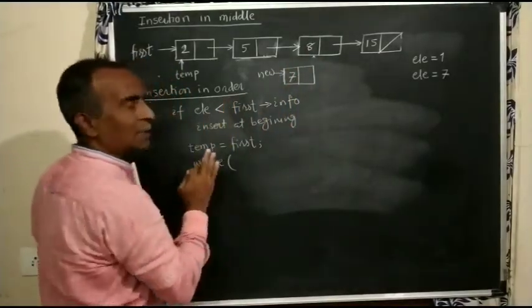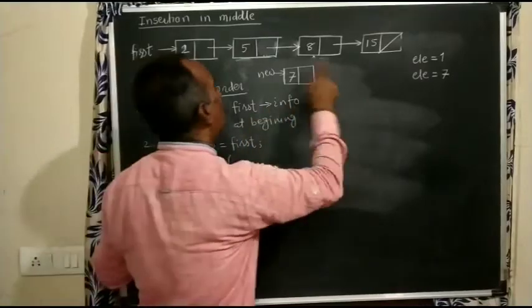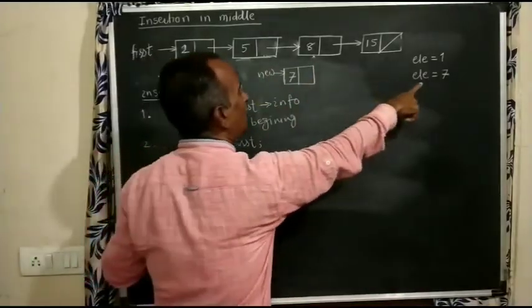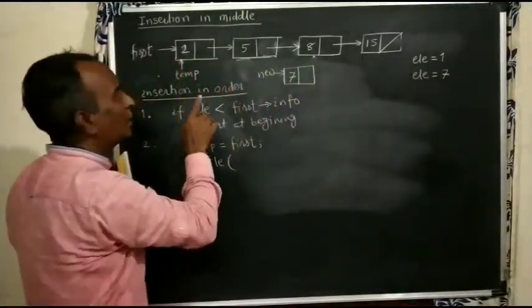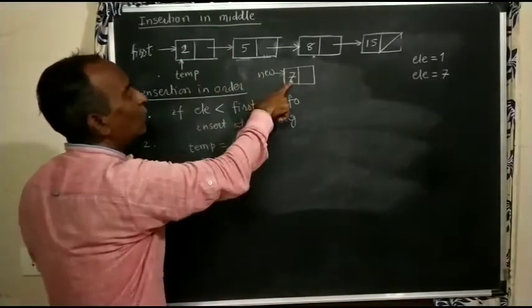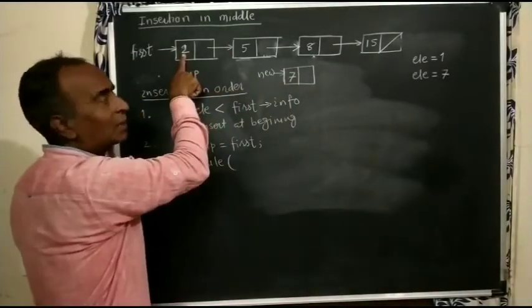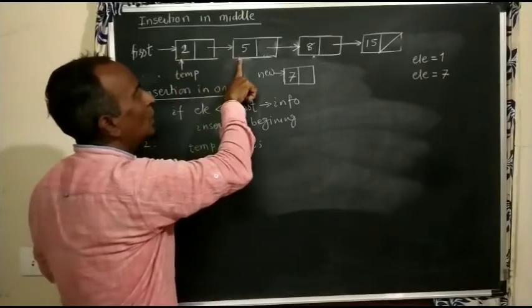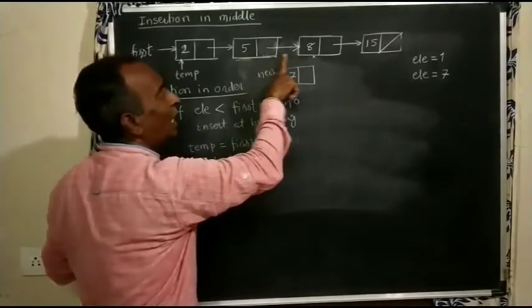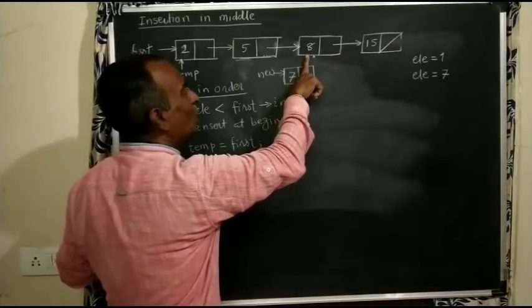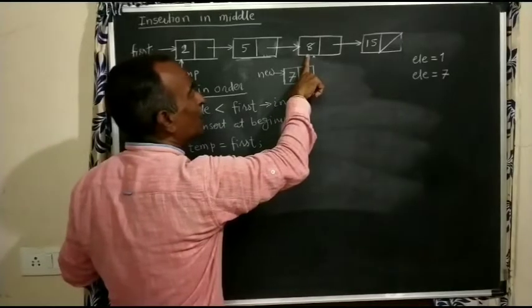When the element to be inserted is greater, suppose I want to insert 7, 7 is greater than this, so I have to move. 7 is greater than this, I have to move. But now what is happening here?